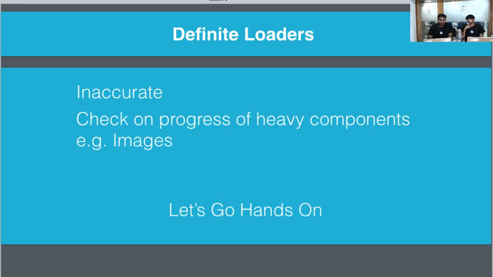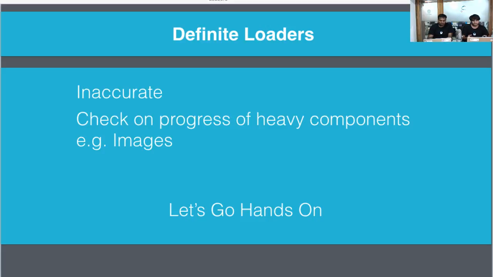Even inside definite loaders, we have the inaccurate one. As I said, it will give you a sense of how much time is remaining, or that something is happening. It will tell you that 10% of it is loaded, or 30% of it is loaded, so you know where you are with it.